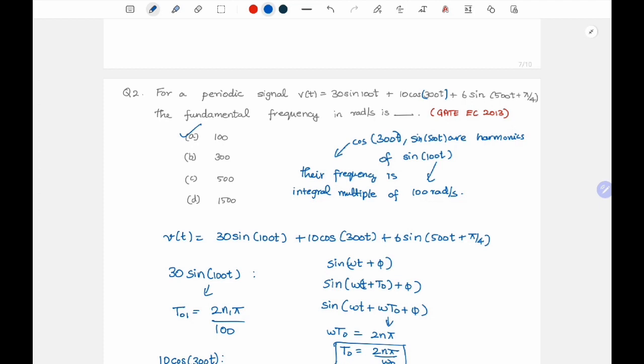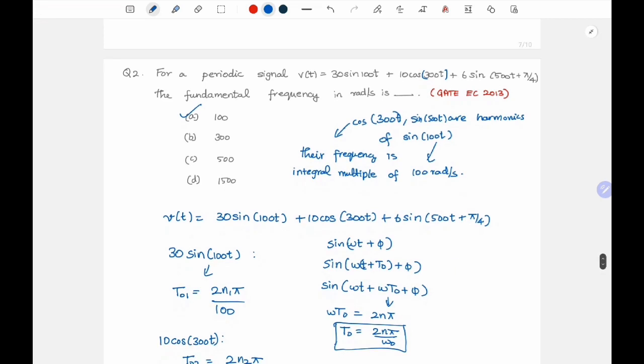So hence the fundamental frequency of the sum also will be the lowest of the frequencies, which is nothing but 100 radian per second. On the time axis, if you see, it is actually the highest of the time periods among these three, correct? But on the frequency, it is actually the lowest.